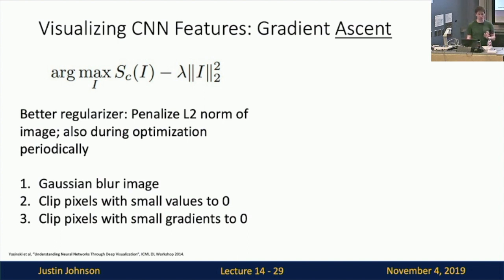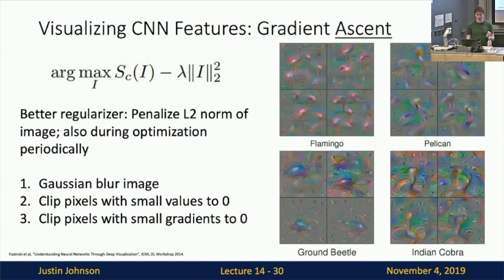I think the details are not super important. The idea here is that if you hack around with the image regularizer, you can generate images that look even more realistic. So now if we apply this more sophisticated image regularizer to the same idea of gradient ascent, we generate images that look maybe even more realistic.